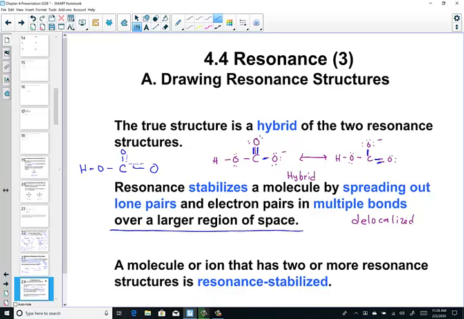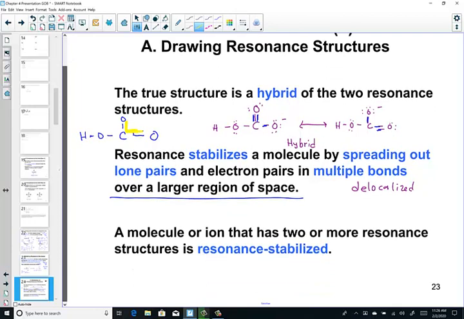So it's got a larger region of space that it's spending time with. The true shared pair is going equally between the oxygen up top and the one to the right at the same time. A delocalized electron set.